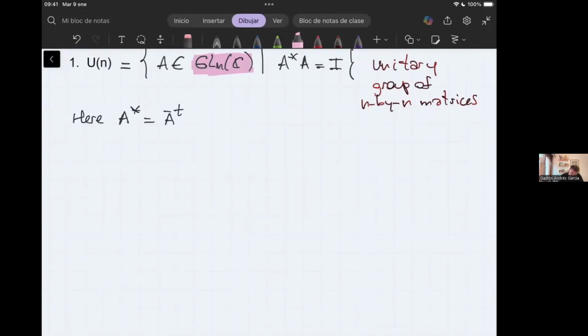We consider the topology of this GLnC as the induced topology as a subset of, say first, C n by n, or C n squared. So this is the product topology, and this is inside of R2n squared.